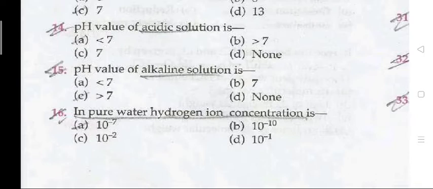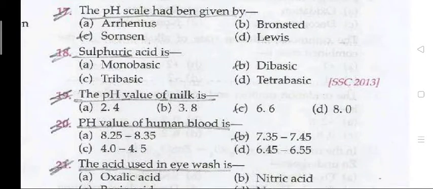Question number 16. In pure water, hydrogen ion concentration is 10 to the power minus 7. The pH scale was given by Sorensen.